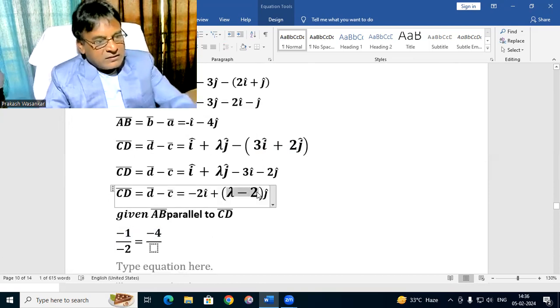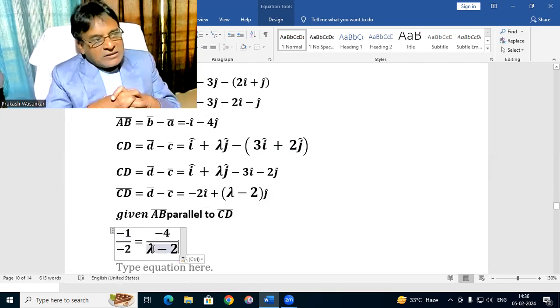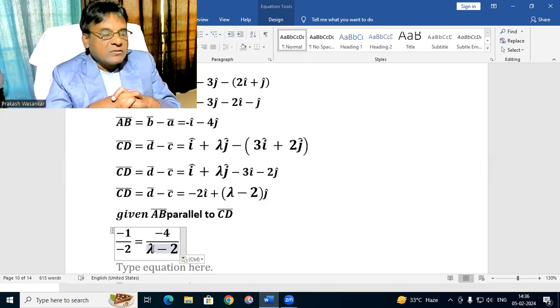So we write here lambda -2. Because here it is given that AB bar is parallel to CD bar, the two vectors AB bar and CD bar are parallel, therefore their DRs are proportional.